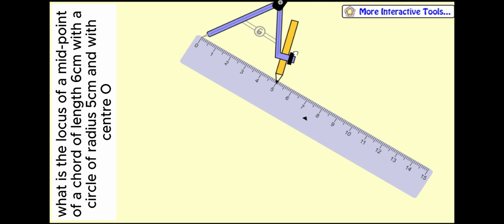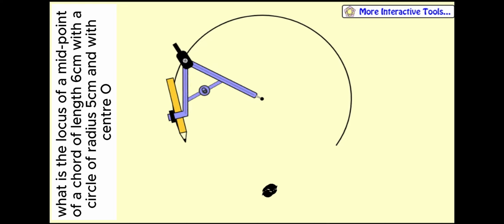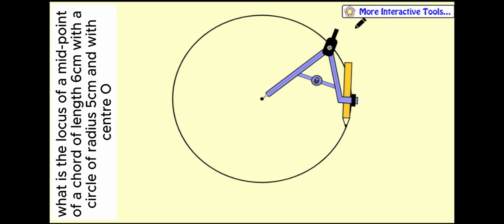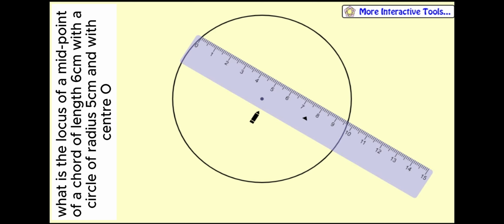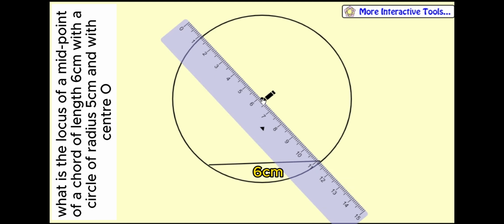Now to do this, we have a radius of 5 centimeter, so we have a circle there of 5 centimeter. The next thing after getting our circle is the chord, which we have been given as 6 centimeter. We join the center of the circle to the tip of the chord, which is also 5 centimeter; that is our radius.